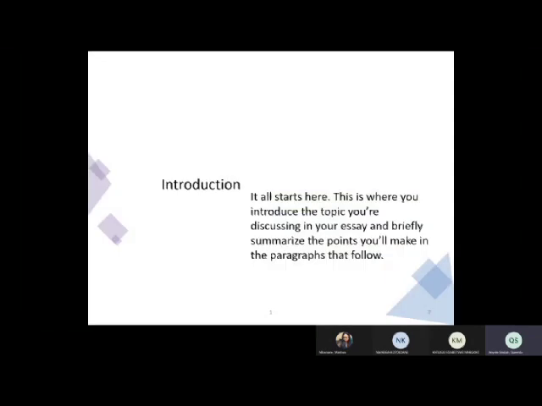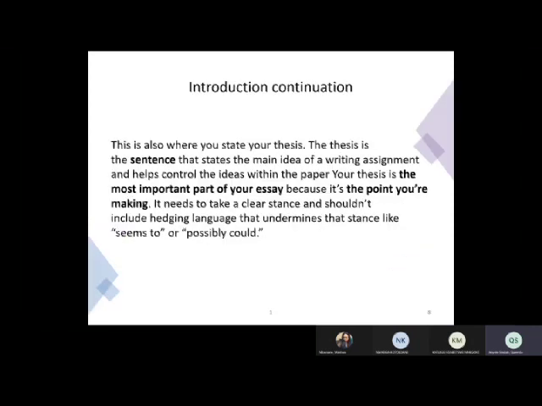The introduction in all of these types of essay will introduce the topic you're discussing. It will briefly summarize the points that you will be discussing in the paragraphs, and you usually do this in the last sentence, which we call indicating the outline. This is where you state your thesis, and the thesis is a sentence that states the main idea of a writing assignment and helps control the ideas within the paper.